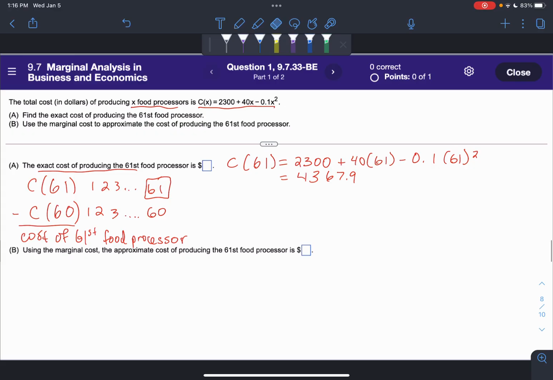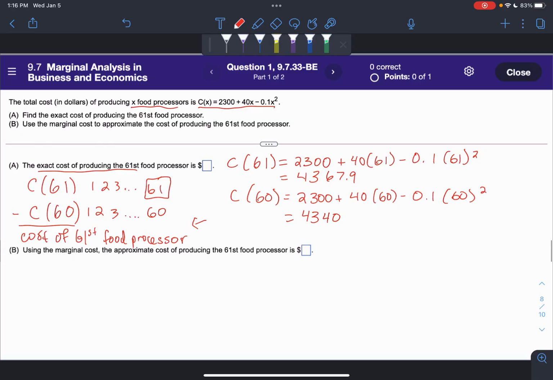Now let's find the cost of 60 food processors. So again, let's plug in 60 now, wherever I see an x. So if you were to plug this in the calculator, you should get 4340. And so my last step is doing the subtraction.